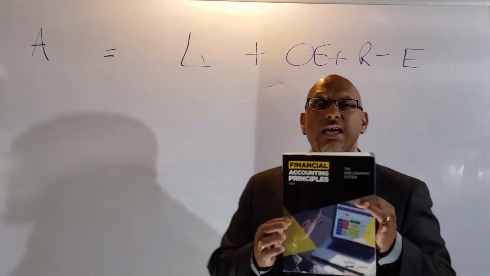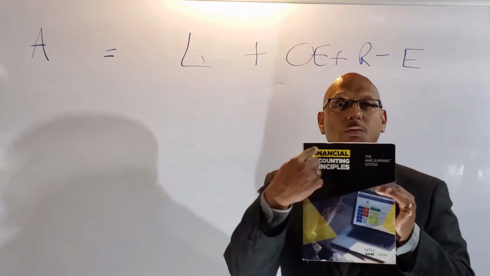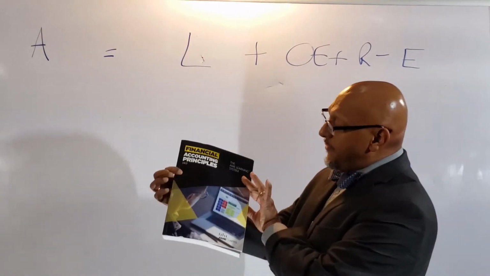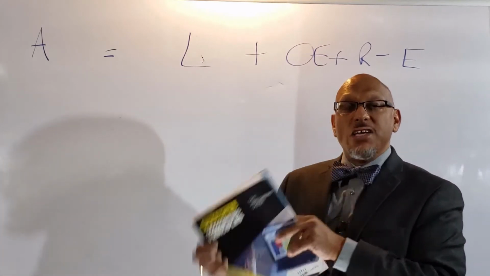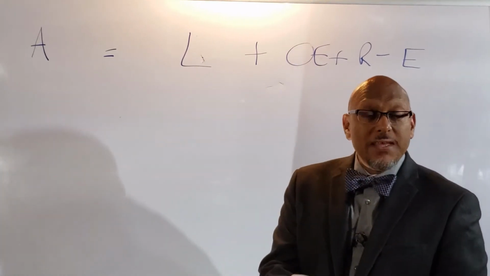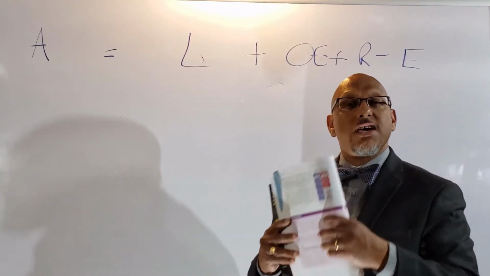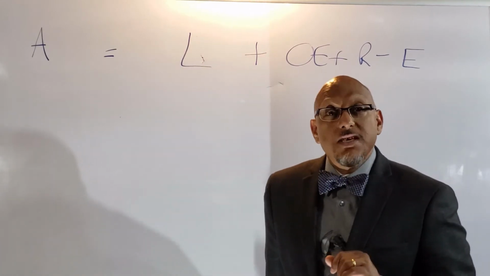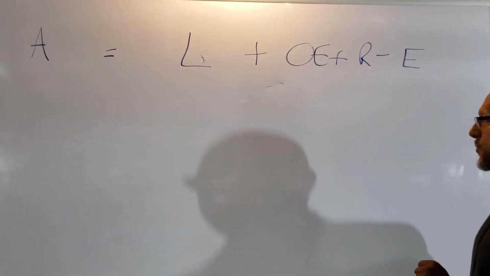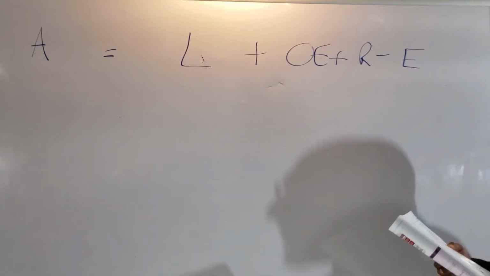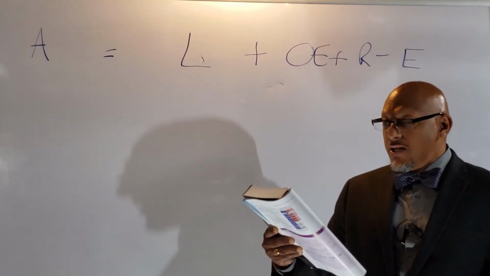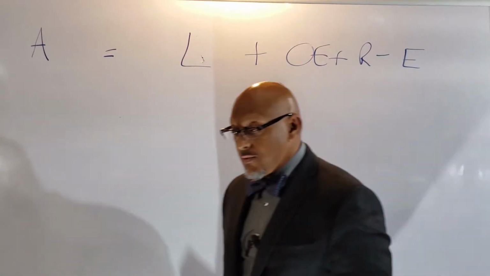So we're going to take out our textbook, which is the one with the color cover, Financial Accounting Principles. Turn to page 43. And we're going to do these transactions from page 43. So the first transaction we have is the owner deposited $30,000 cash into the new business account.